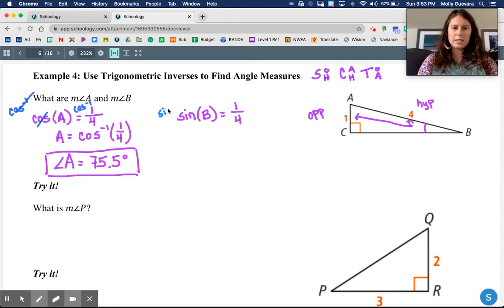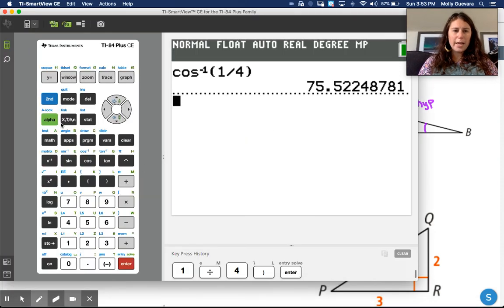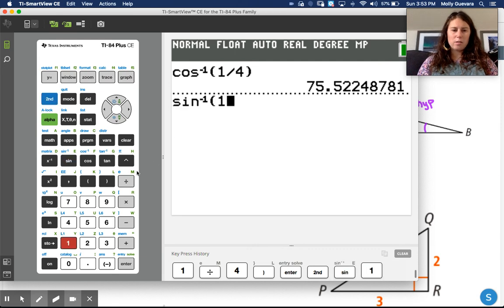Now I want to take the sine inverse of both sides, because that will help me figure out what B is. So I get B is equal to the sine inverse of 1/4. I'm going to go to my calculator, and now I'm going to do second sine inverse of 1/4.